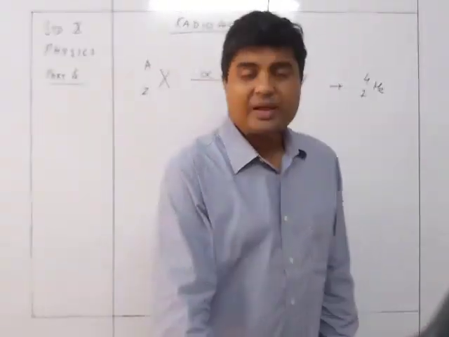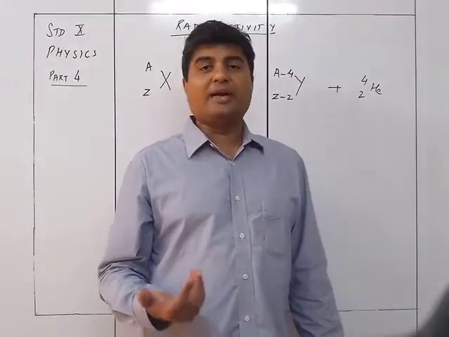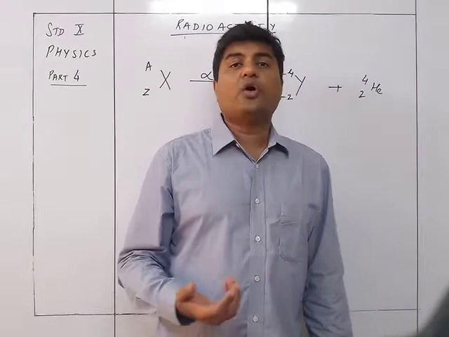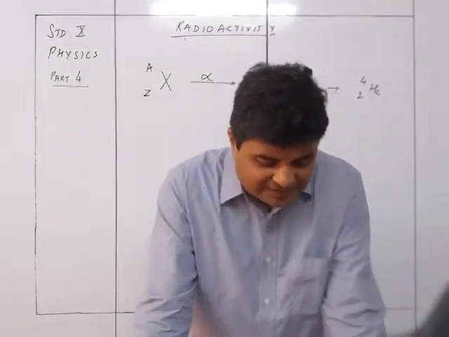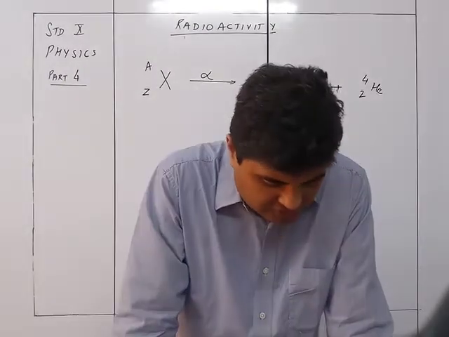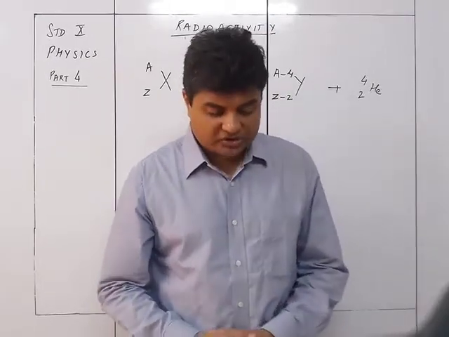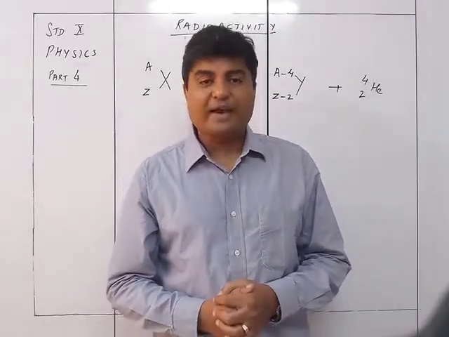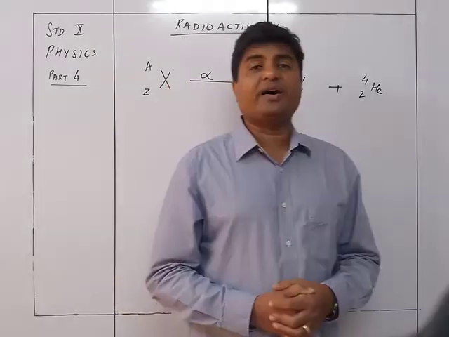This is a kind of equation, not a chemical but a nuclear equation, we can write for the emission of an alpha particle. If an unstable nucleus contains many more neutrons than protons, it can emit a particle containing 2 protons and 2 neutrons tightly bound together, known as an alpha particle. A stream of alpha particles is called alpha rays.